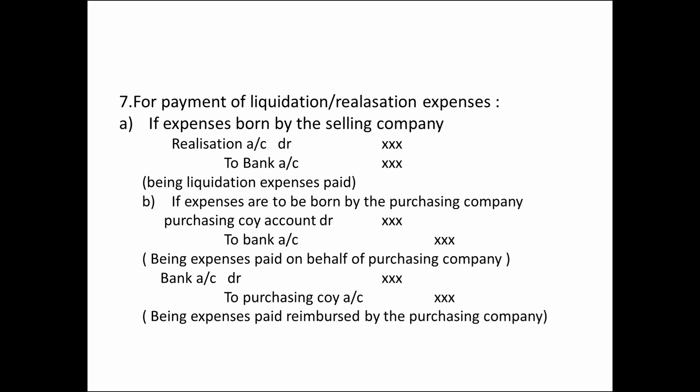This information will be present in the adjustment portion: how much the company has paid as liquidation expenses, and who has paid, either the selling company bears it or the purchasing company is going to bear it.